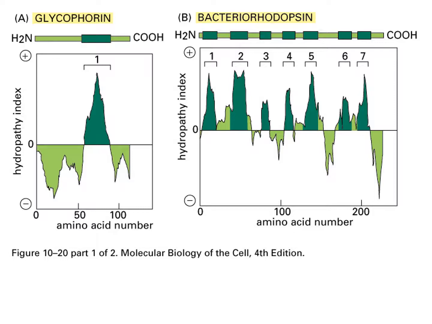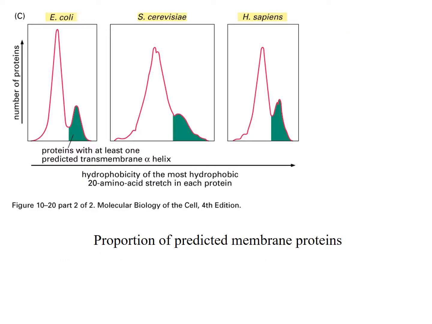Here's bacterial rhodopsin, 1, 2, 3, 4, 5, 6, 7. I call these serpentine receptors. And you can see what parts of the protein are going to be in the fluid versus ones that are stuck in the lipids here. So you can model bacterial proteins and look for these structures here.